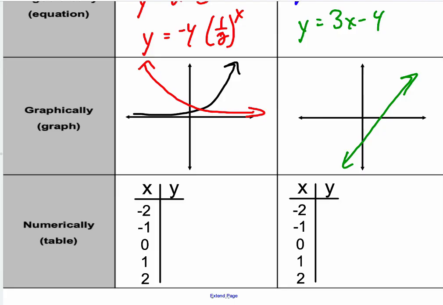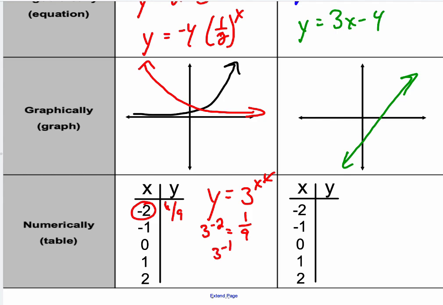So in a table, it's going to look something like this. Maybe we have y equals 3 to the x power. If I plug in a negative 2, it's going to get plugged in for my exponent. So that's 3 to the negative 2 power, which is really 1 over 3 to the second power, which is really just 1/9.